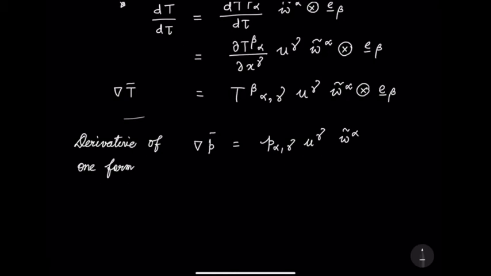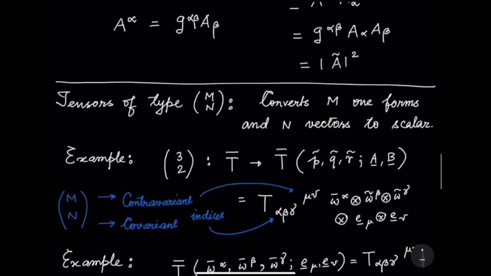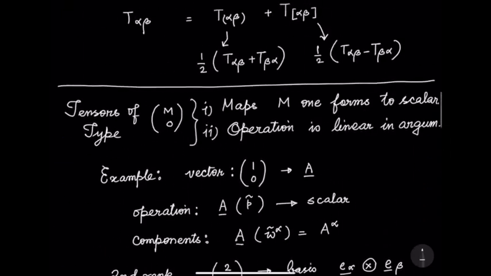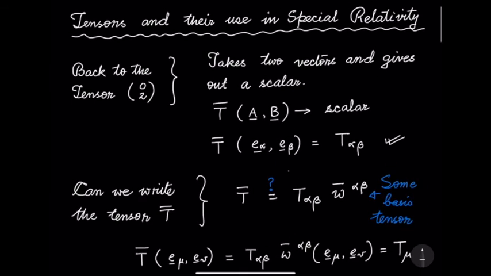So that is what a derivative of one form is. Now, this is all that we will need for special relativity in terms of tensor analysis. So now in the rest of the discussion today, what we will do is we will try to use this in special relativity. So let's go ahead and try to do that.